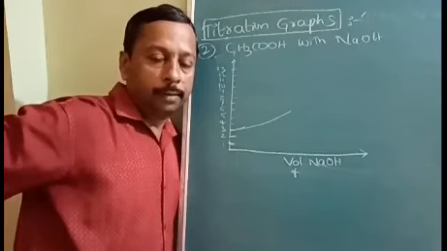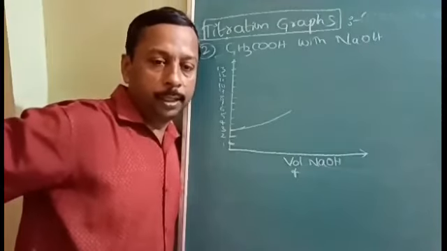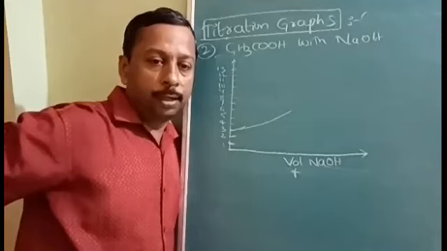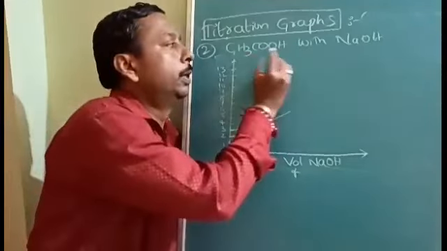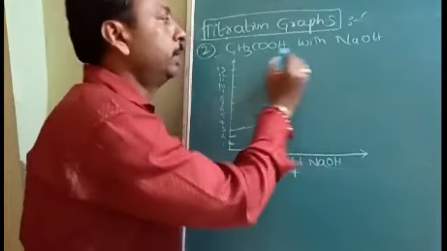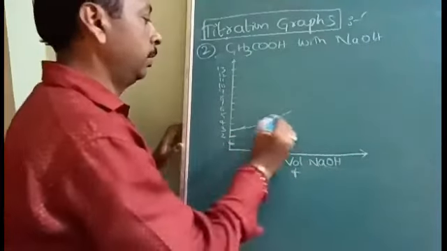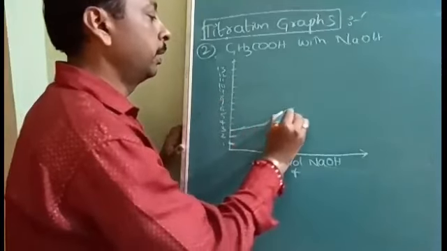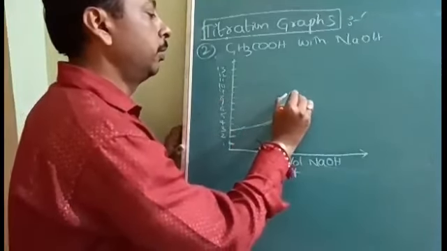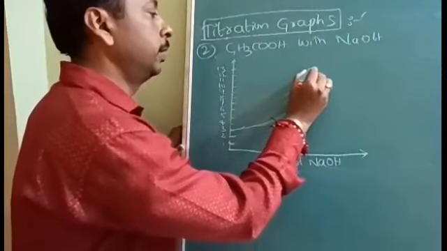Everything is taught chronologically so that it should not be a problem later. Very good. Here the salt we are going to form is from a weak acid and a strong base, so the equivalence point will be somewhere around 9, and that further depends upon the concentration.